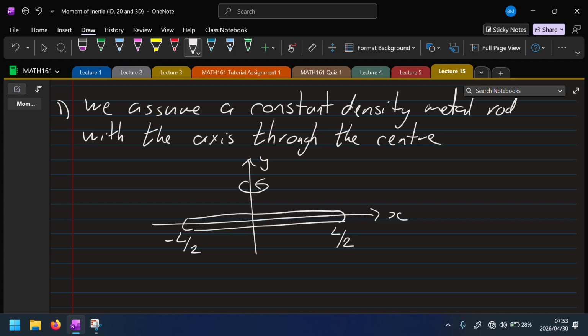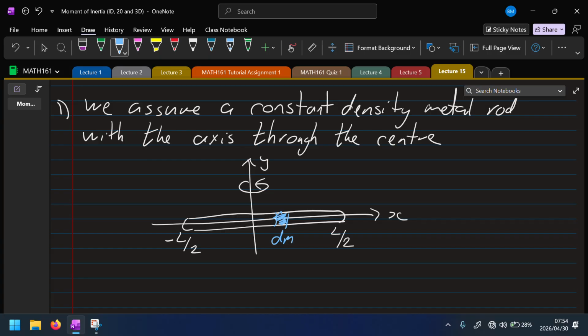Now let's just pick one point to be our little mass piece dm, and then we're going to figure out what this radius is going to be. So we just color in a little block dm, and we can see that the radius is from the axis to the little mass piece. So here's our axis.